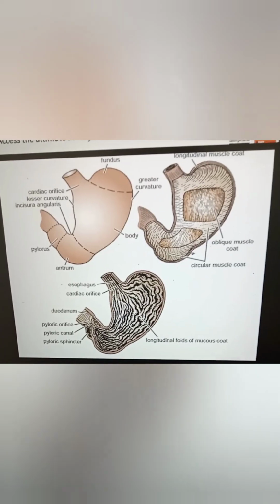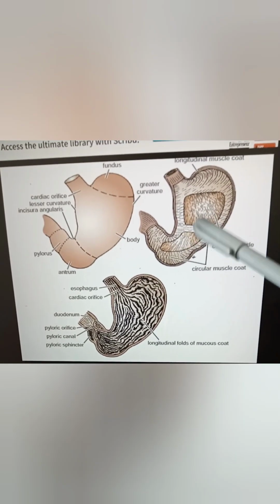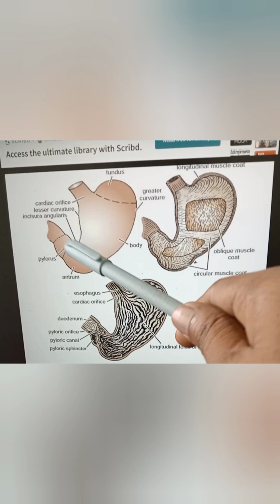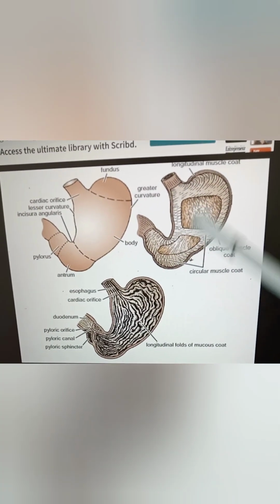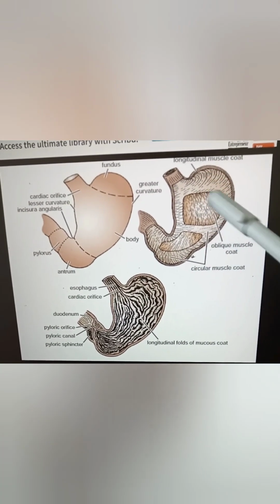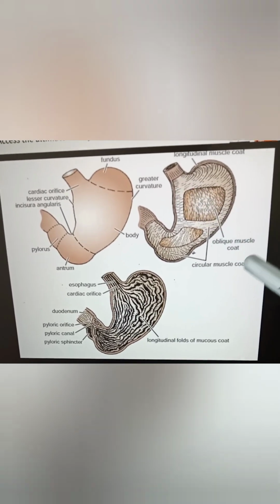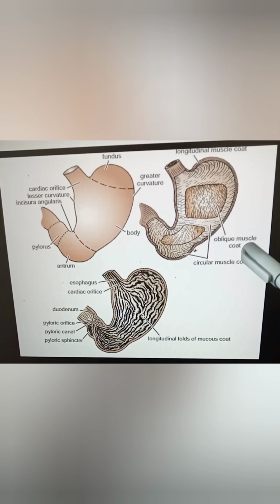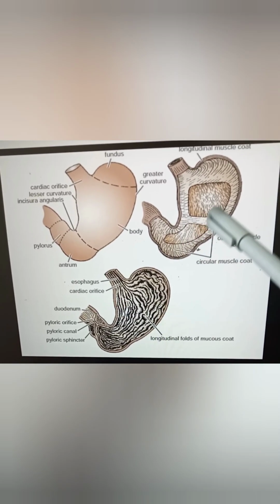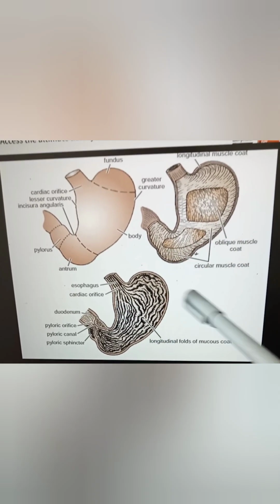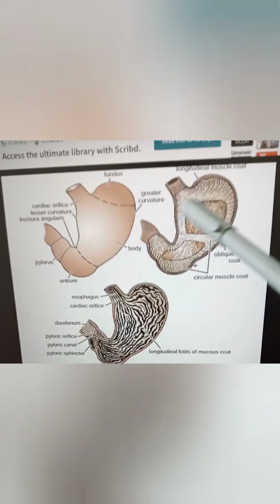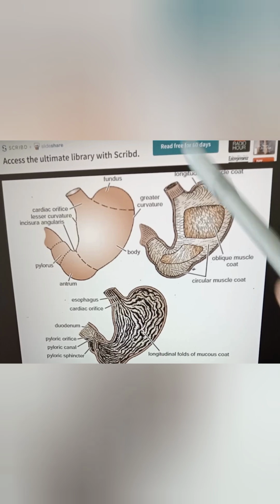Now the muscles of the stomach. The muscles in this direction are called oblique muscles. Some muscles are in a circular arrangement, and some are in a longitudinal direction.